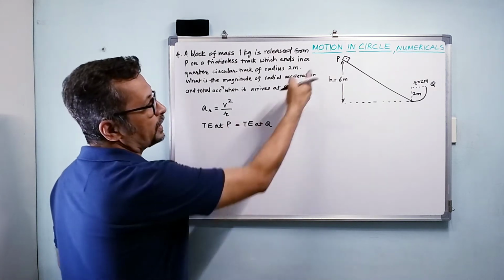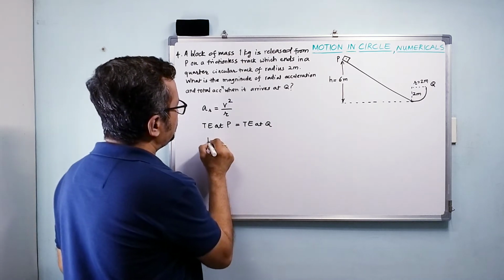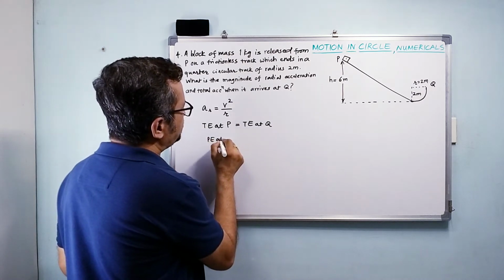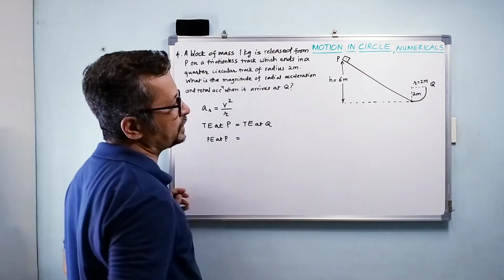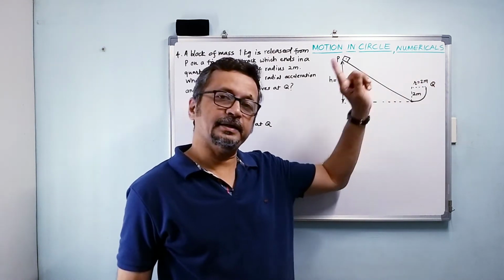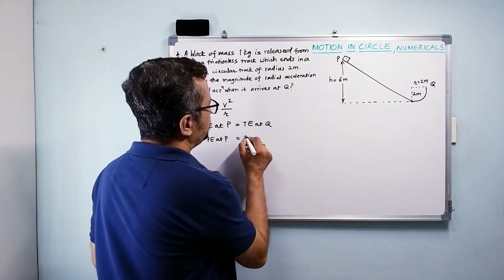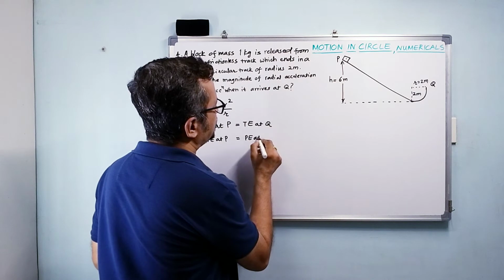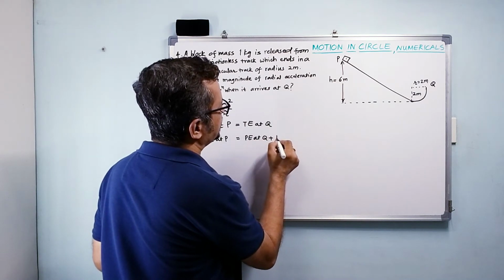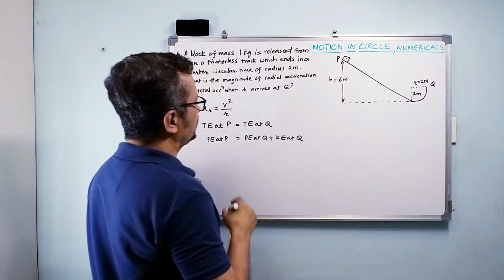So I have no kinetic energy here in the beginning, so I have only PE at P is equal to, now here the total energy would be equal to the kinetic energy plus potential energy, so it would be PE at Q plus KE at Q, correct?